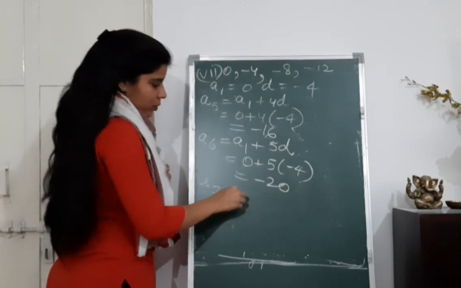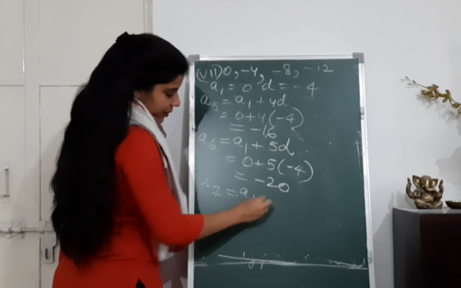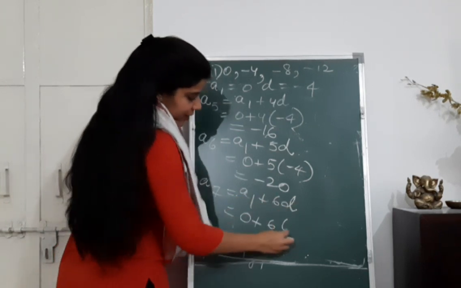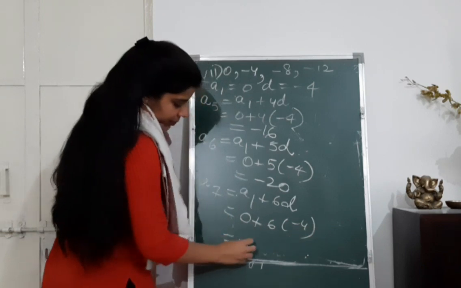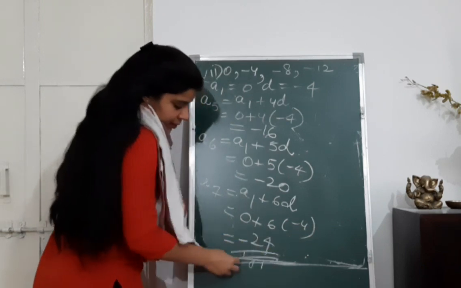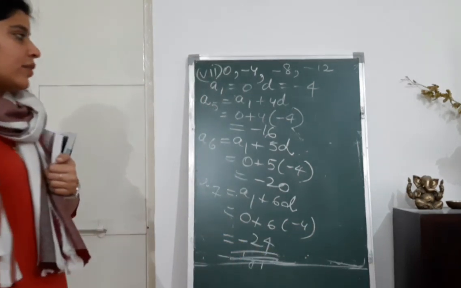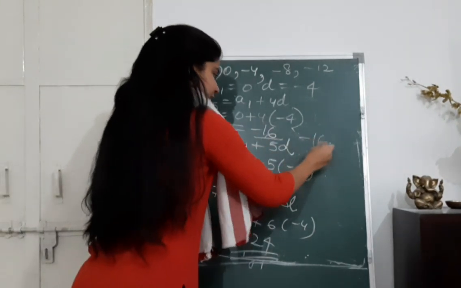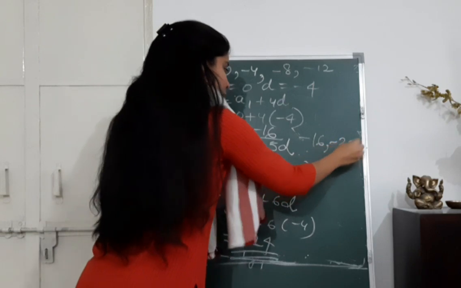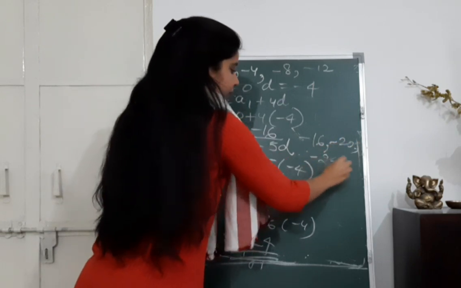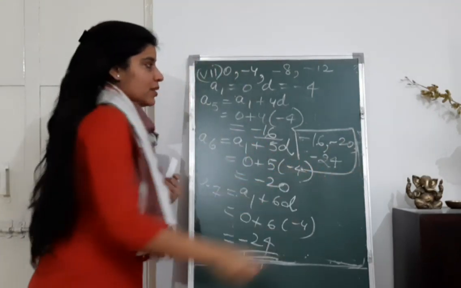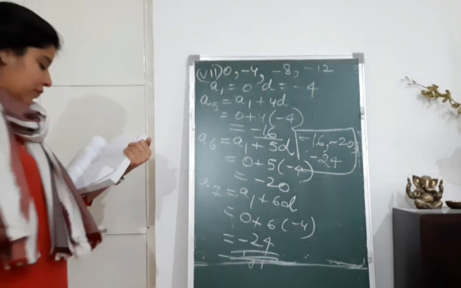A7 is equals to A1 plus 6D, 0 plus 6 into minus 4, that is minus 24, right? So what are next three terms? Minus 16, minus 20, minus 24. These are the next three terms of this AP.